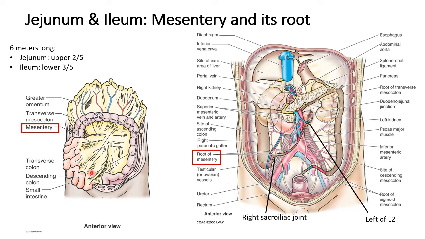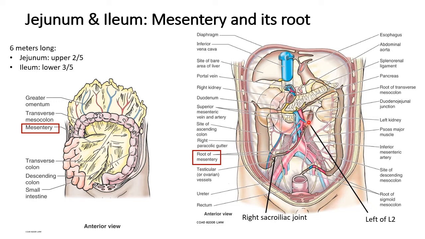The place of attachment of the mesentery of small intestine to the posterior abdominal wall is called the root of mesentery, and it is this one. This line corresponds to the attachment of the mesentery to the posterior abdominal wall, and we call it the root of mesentery of small intestine.